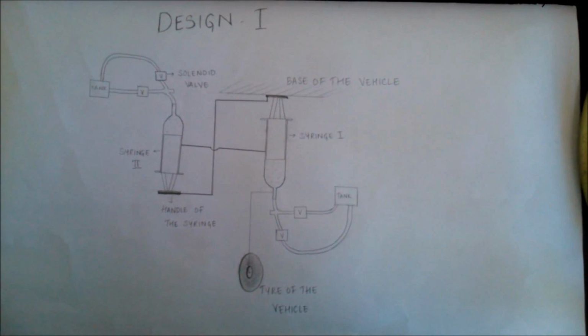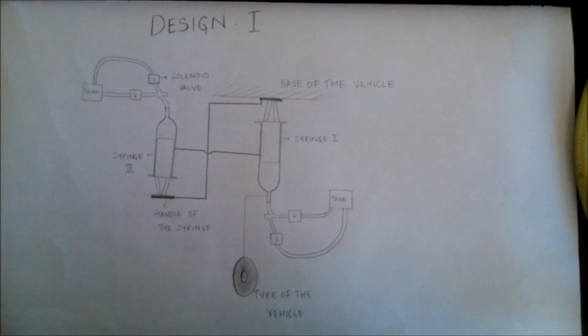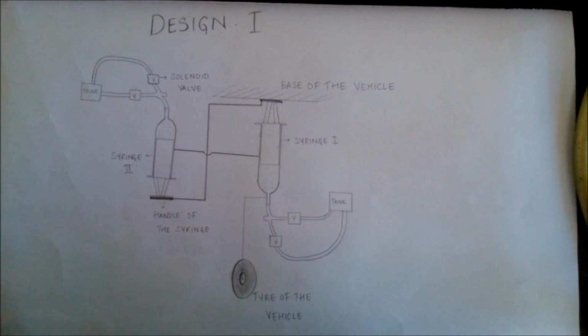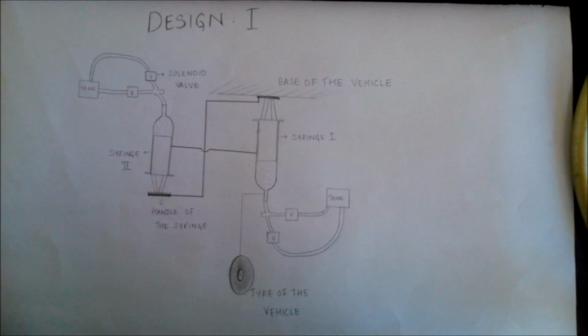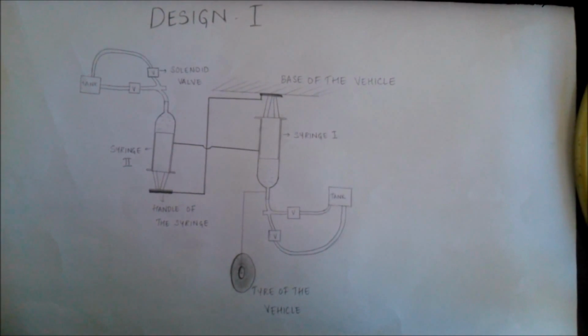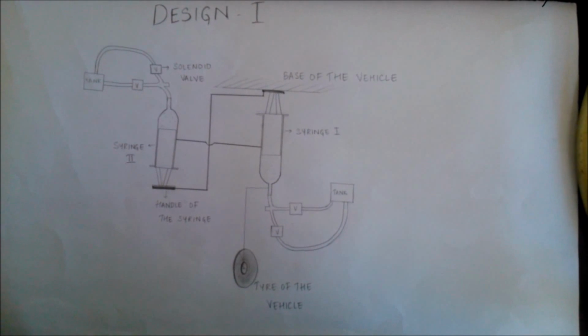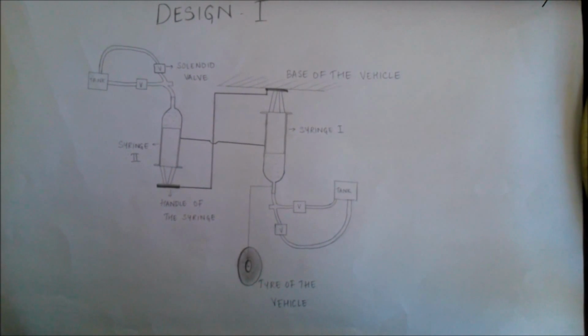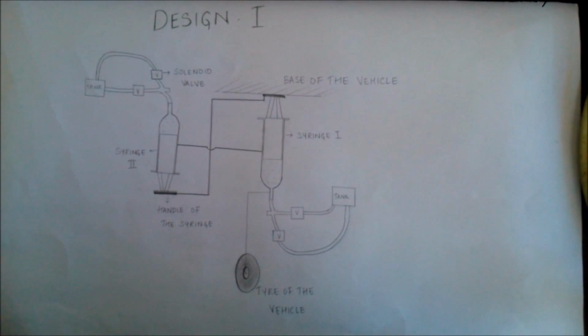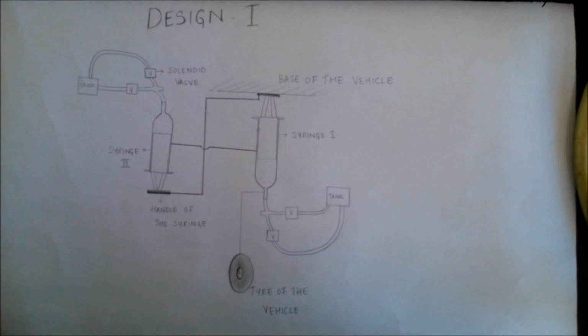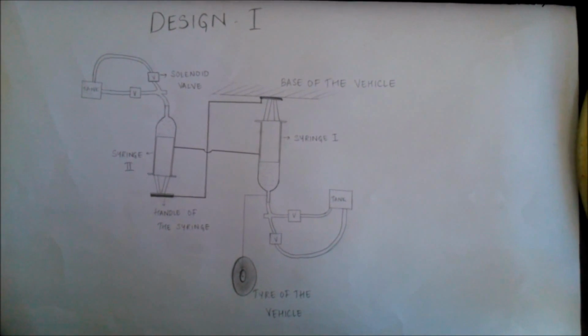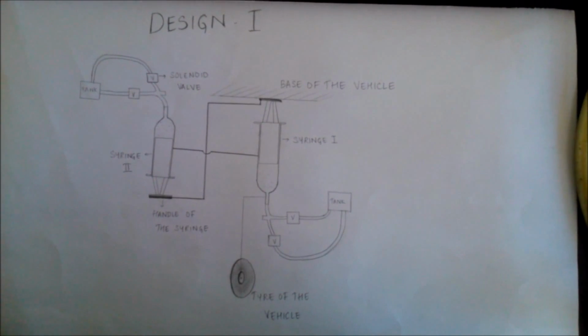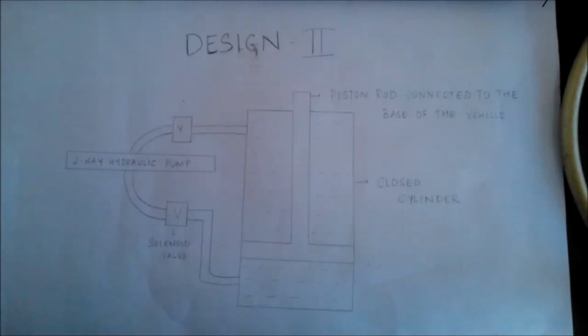When the vehicle encounters a pothole, the tire goes down, pulling the body of the syringe it is attached to. Since the handle is fixed to the base of the vehicle, it rises a little. Due to this, the handle of the other syringe will be pushed up, forcing the liquid inside it to flow out through the solenoid valve. This will be temporarily stored in the tank.